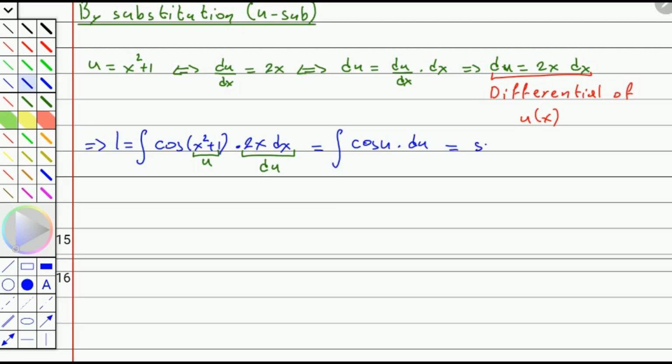So this is equal to sine of u plus c, but the final result must not have the intermediate variable, so we are going to substitute back the expression that we have substituted with u, and so I is equal to sine of x squared plus 1 plus c, and this would be our result, which is exactly the same result that we found in the beginning of the exercise.